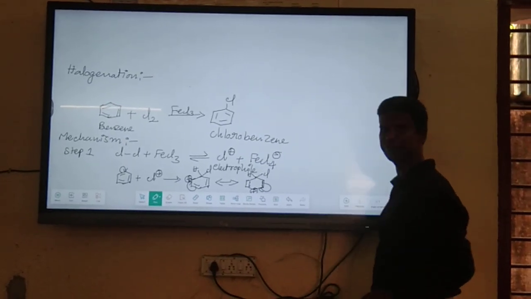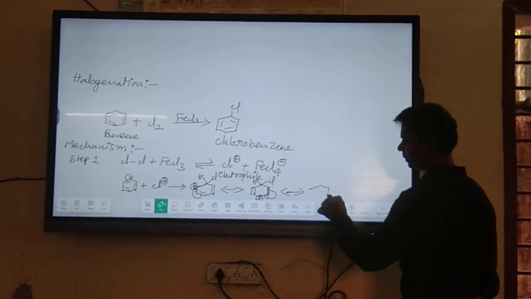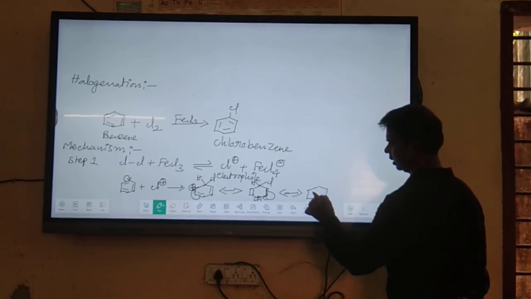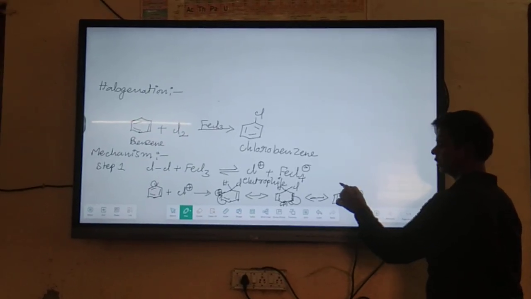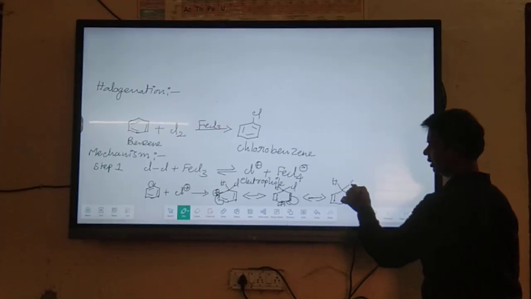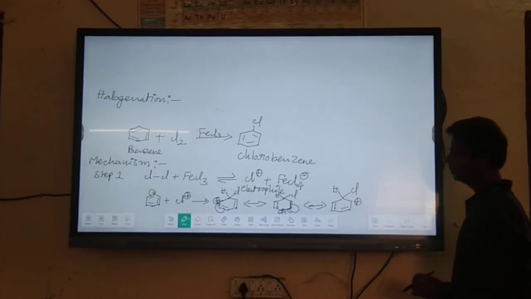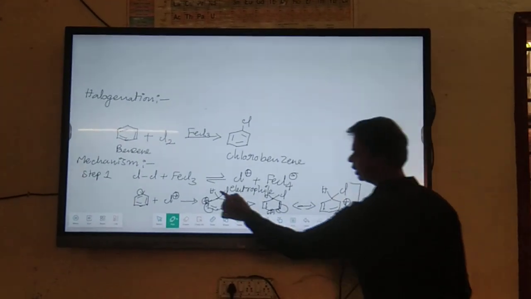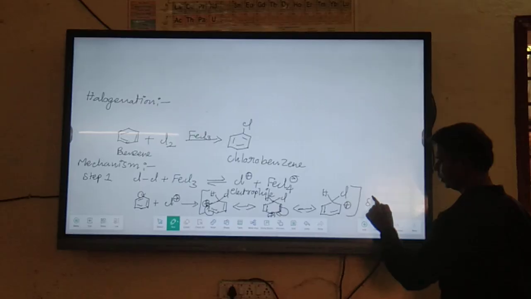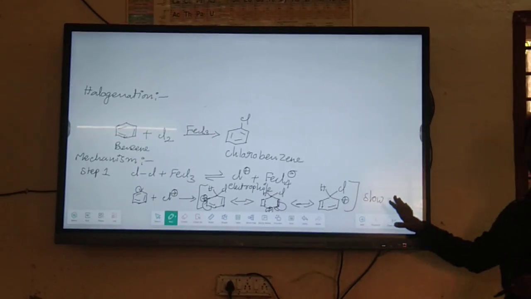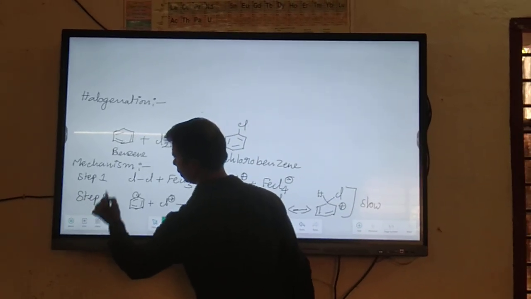Again this pi electron shifts here and it forms a double bond here and a positive charge here, with H and Cl. Now this reaction up to here goes slowly. This is the slow step, and this is step 2.